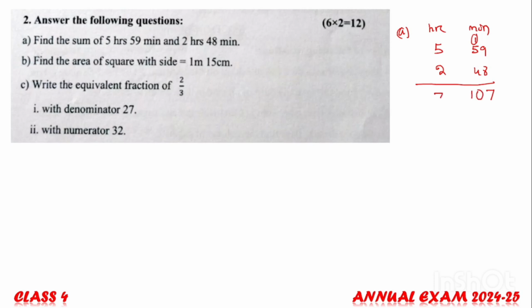Now here is 7, so 7 hour 107 minutes, but 107 minutes does not exist. That's why we subtract 60 from it. So 7 minus 0 is 7, 10 minus 6 is 4.